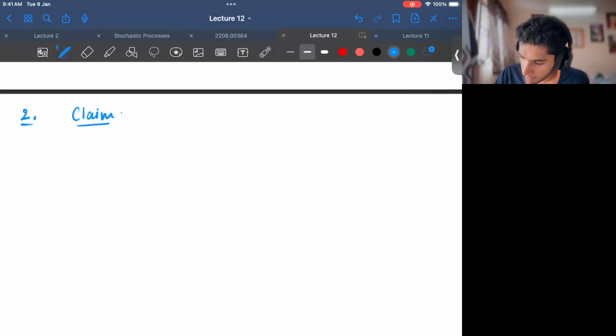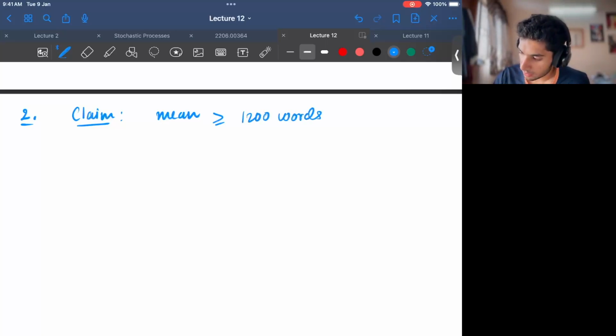The claim is that the mean typing speed is at least 1200 words per hour.